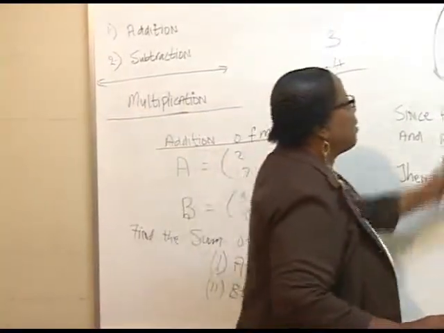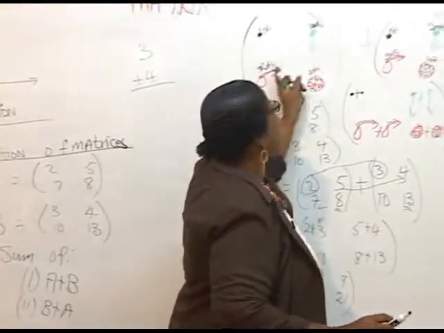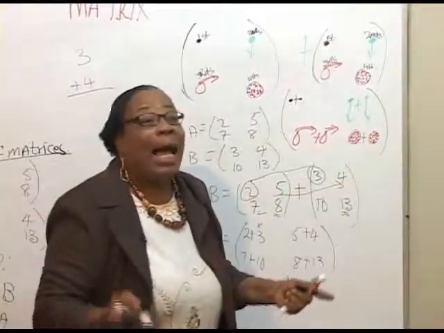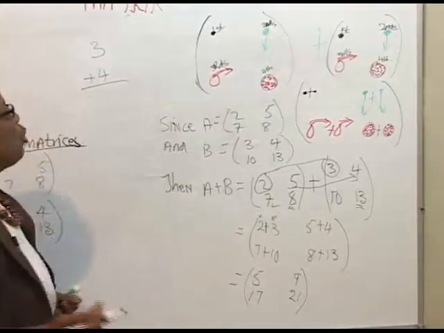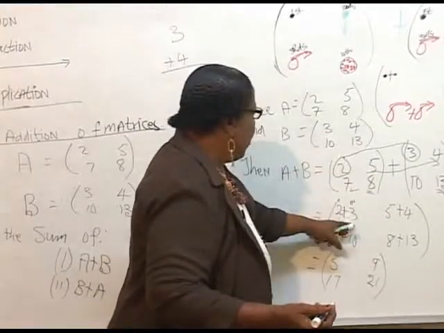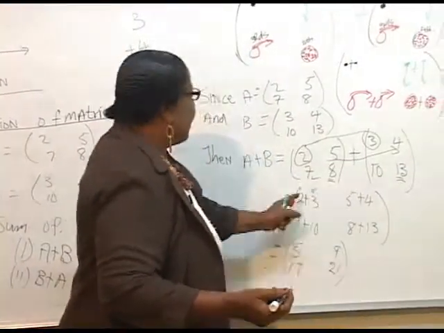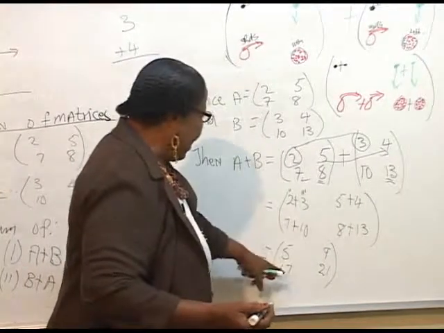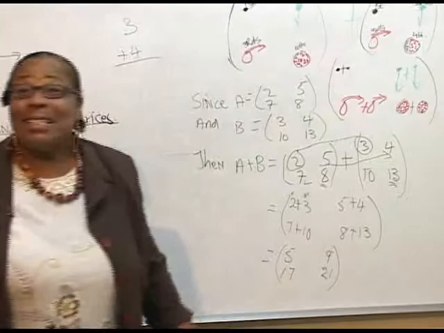Putting them side by side, we understand that the things in the same positions are added together. So we treat our numbers the same way: 2 plus 3, 5 plus 4, 7 plus 10, and 8 plus 13. And that's the answer.